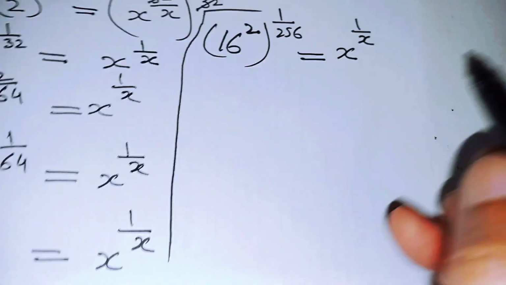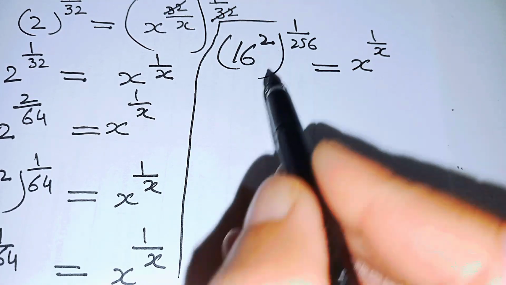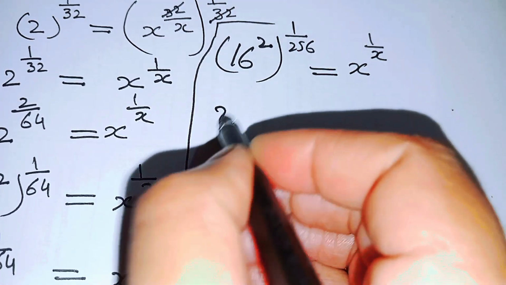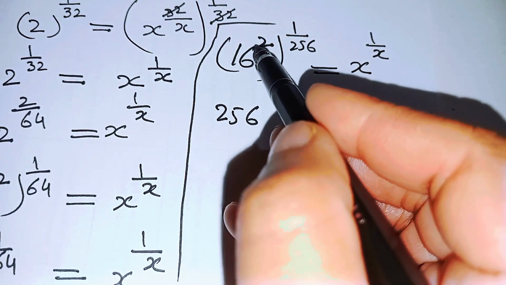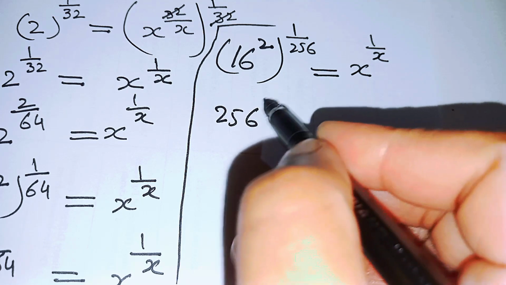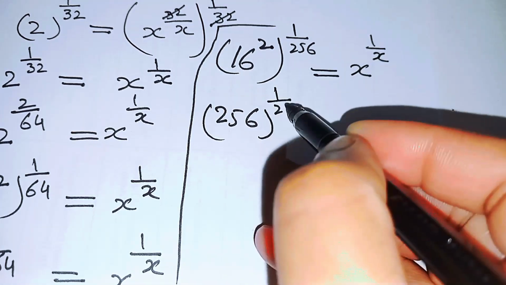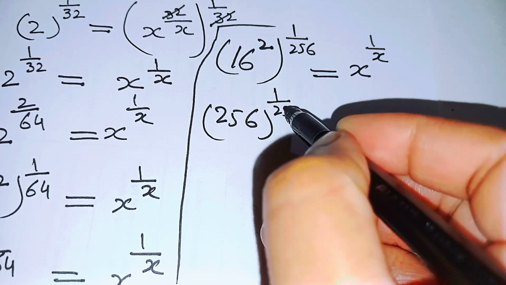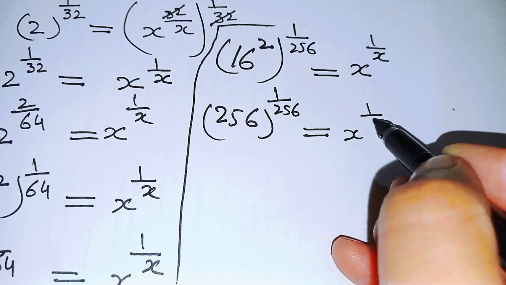And now here this 16 cubed, 16 multiplied 2 times is equal to 256, and here 1 over 256 is equal to x to the power of 1 over x.